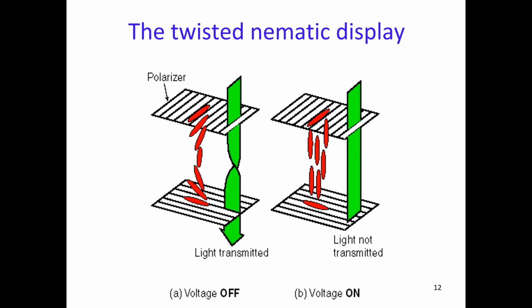And on the top plate, it's treated so that they want to lie perpendicular to that direction. So the two plates are parallel. And also, there are polarizers here which allow light through which is polarized in this direction, and on the top plate allow light through that is polarized in the perpendicular direction.